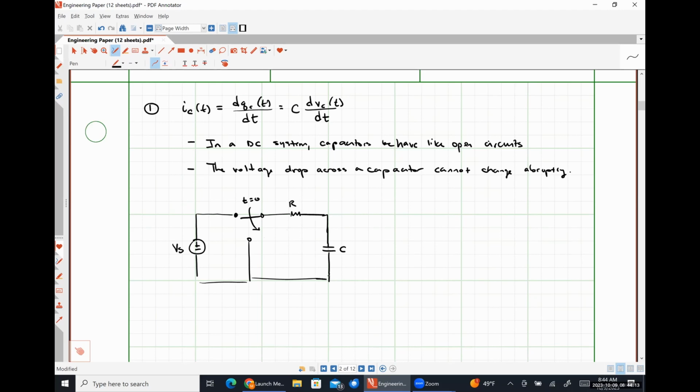So for a circuit like this, if we were to plot the capacitor voltage as a function of time, and this is to help answer Christina's question, prior to our switch changing states, we would see that the voltage drop across our capacitor is constant.